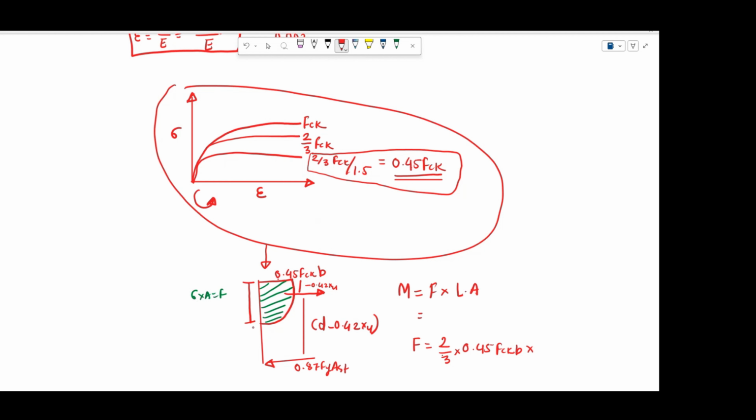What is this particular portion? This will come out to be your xu. So when you do two-third of 0.45, you'll come to know this is nothing but your 0.36 fck into b into xu. This is the compressive force that is coming, and this is the exact equation which is given in IS 456. And here we go, friends. This is how this value comes into picture.